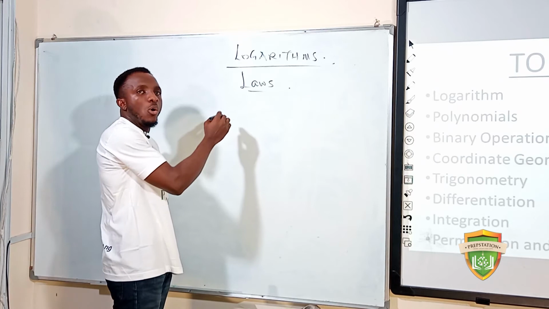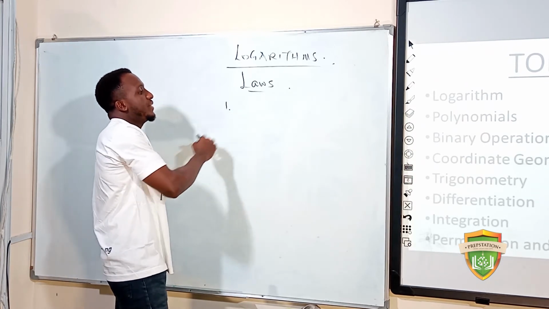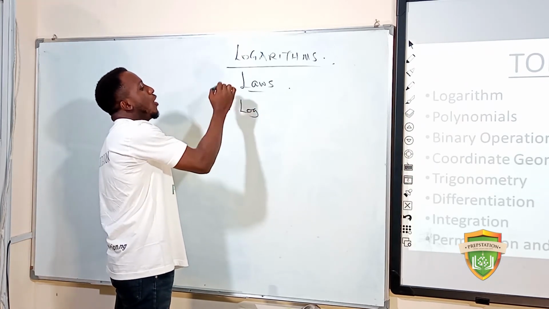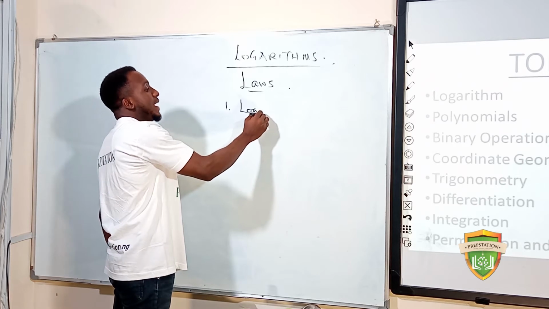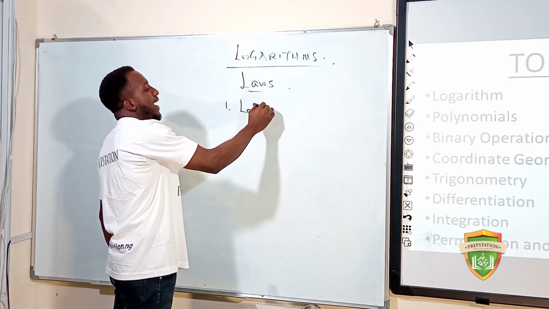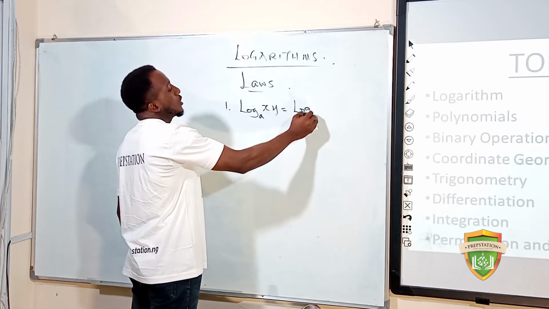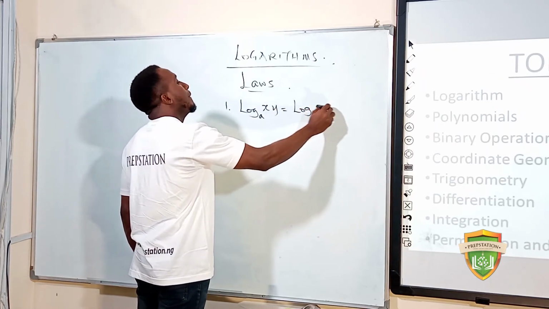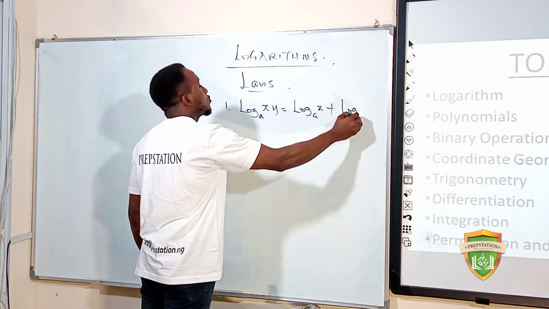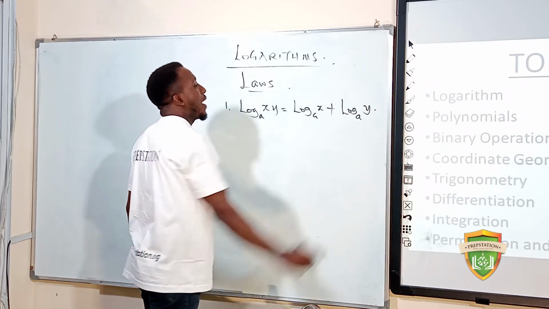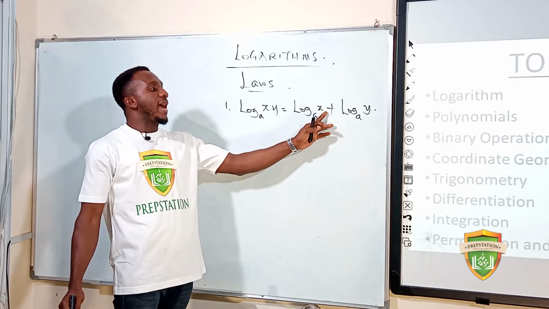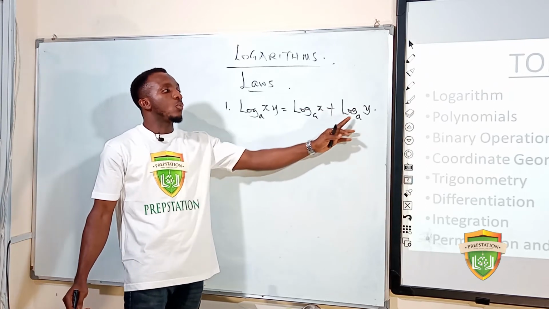Now, the first law is this. If we have log to base a of xy, this would yield log x to base a plus log y to base a.